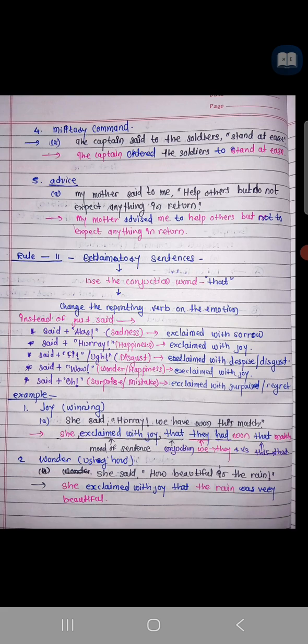First, the conjunction "that"; second, "if" or "whether"; and third, "to". But in one kind of sentence we didn't use any conjunction, that means a WH family question. In a WH family sentence, we use the same WH word.